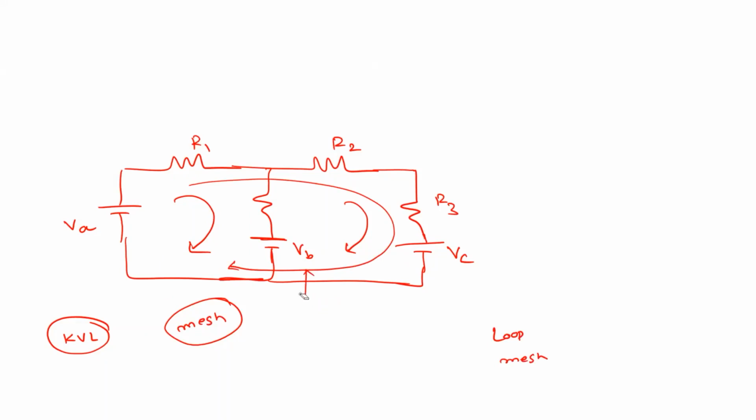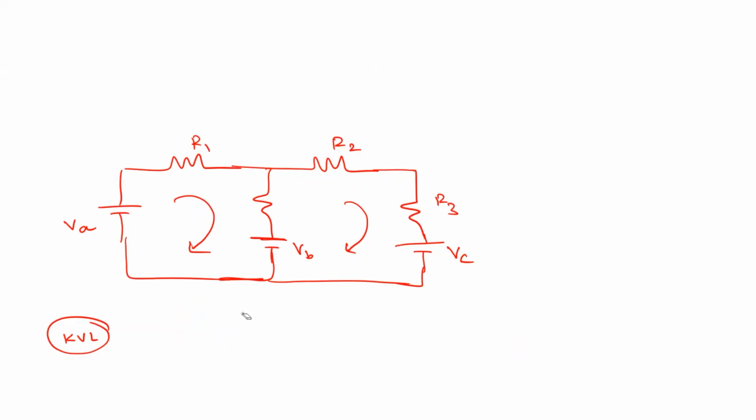This is clear? You identified the difference, sir. Just simple, right? One is mesh. Sir, can you repeat mesh once more? Mesh is non-overlapped. This one is across the two loops, so there is overlapping.